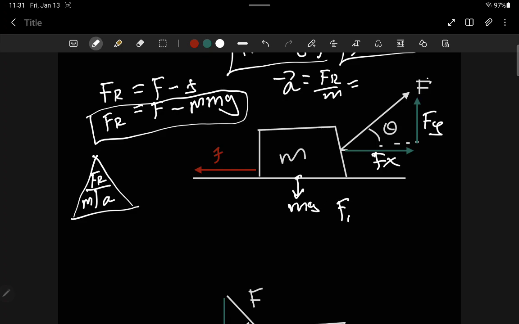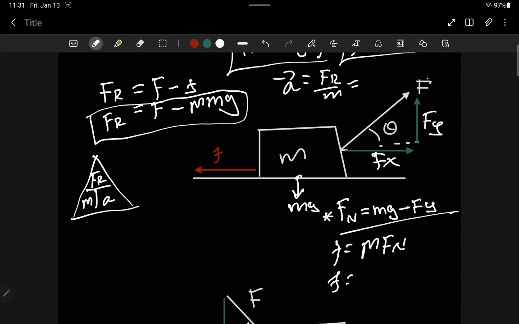This time the normal force is equal to the attaching force, mg, minus the detaching force, Fy. Then the frictional force is mu times the normal force. Instead of Fn, I'm using mg minus Fy. This is how you calculate the frictional force.